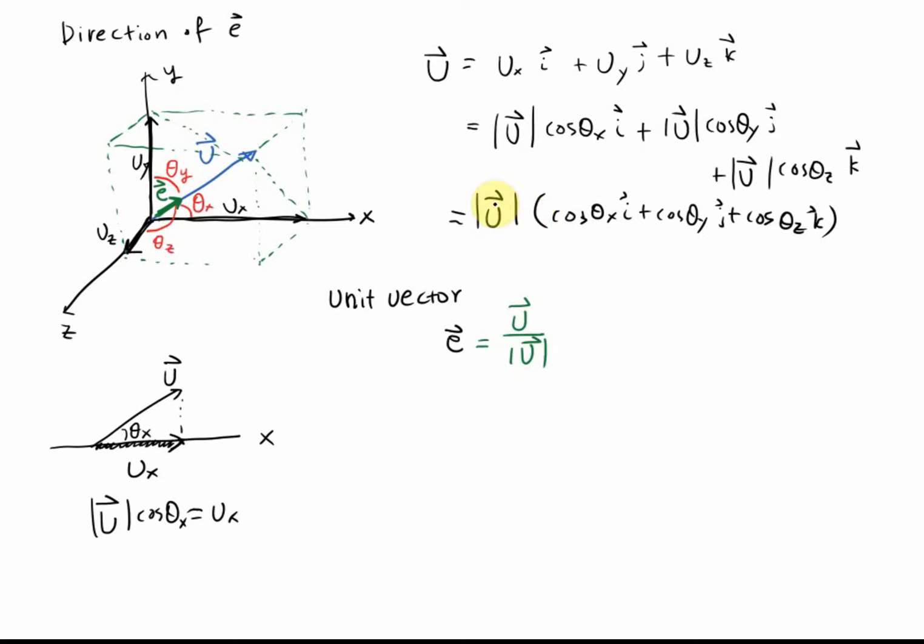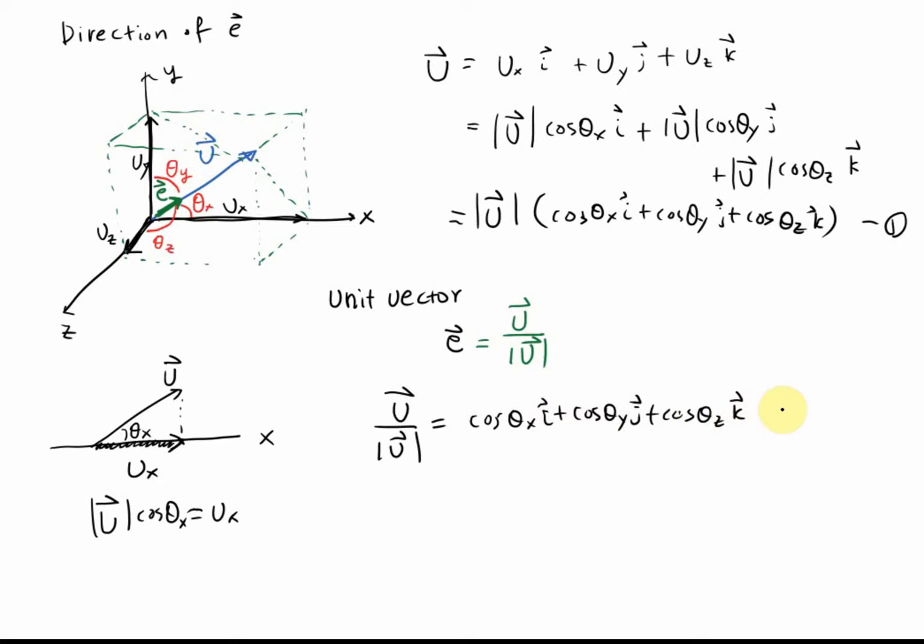If you look at these equations and divide both sides by the magnitude u, then on the left side is this one, and on the right side is cosine theta x i, cosine theta y j and cosine theta z k.